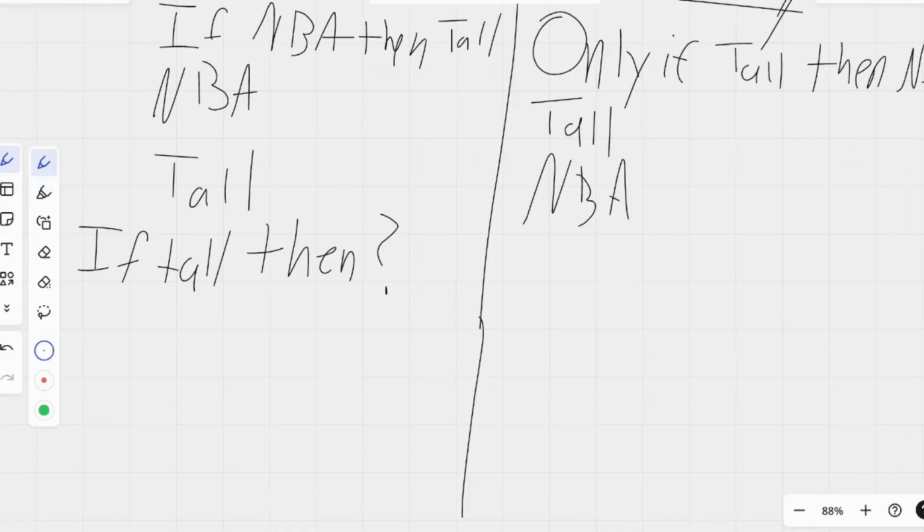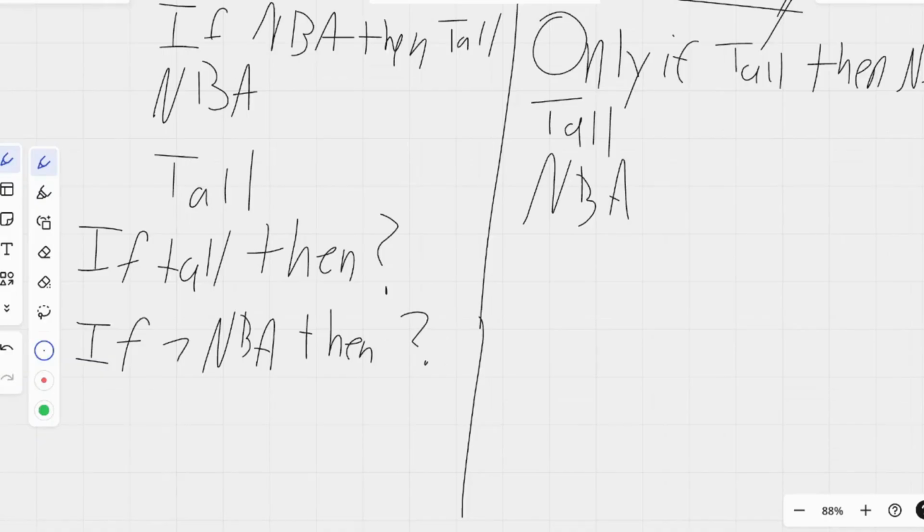We can't conclude anything. And we also can't conclude anything if you're not in the NBA. We can't conclude that you must not be tall, because there are a bunch of people that are not in the NBA and yet they are tall. So again, we can't conclude this.